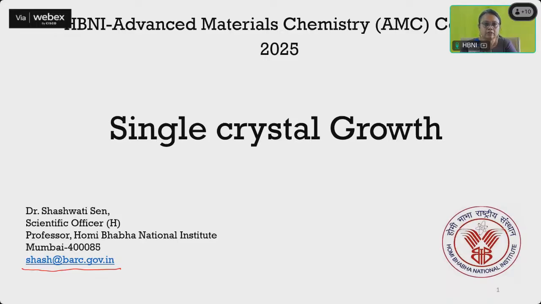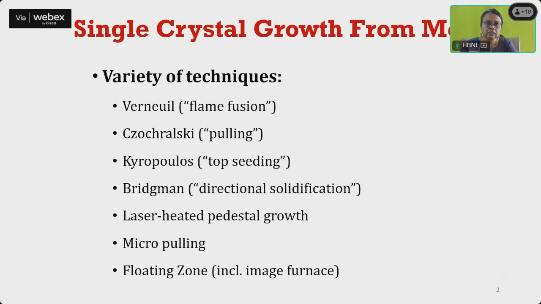We looked at the factors responsible for growth and for nucleation. If conditions are conducive for nucleation, we get multiple nucleation, but if they are conducive for growth, single crystal growth takes place. Then we learned about solution growth and vapor growth techniques, and we also started with melt growth. When we finished our class on Friday, we were talking about melt growth techniques.